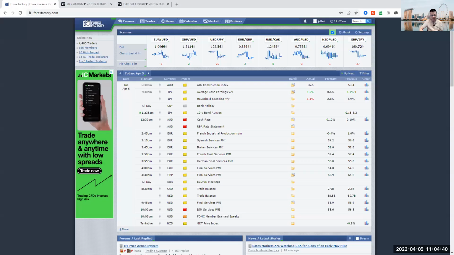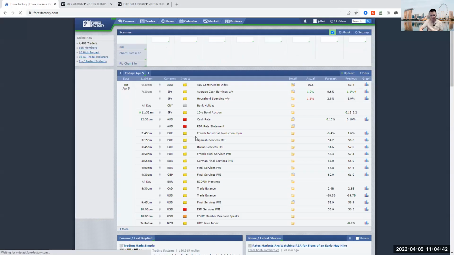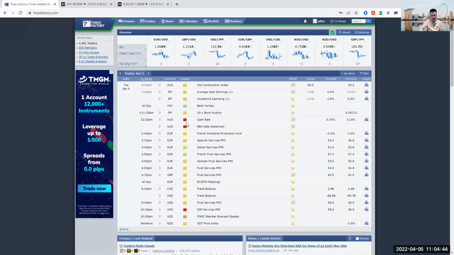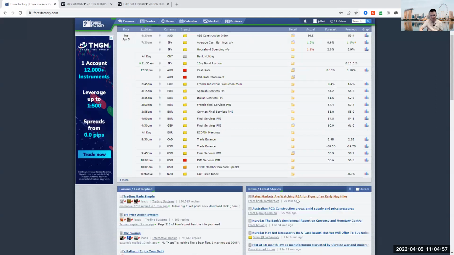Looking at the news here on Forex Factory, at 12:30, as I was just sharing with you, rates decision from the RBA. Cash rate at 0.1%, no surprise there. Rate statement, not expected to have any surprises there, but pay some attention to that. As you see here, 20 minutes ago, markets are watching RBA for signs of an early May hike, right?